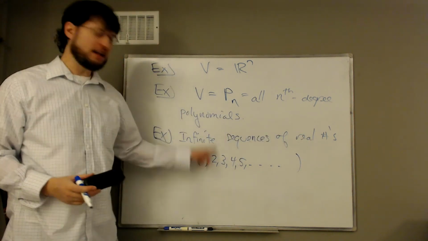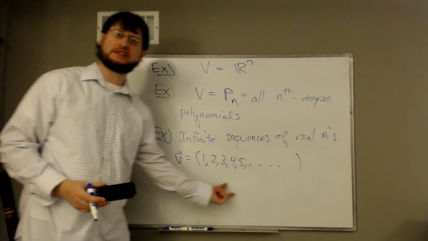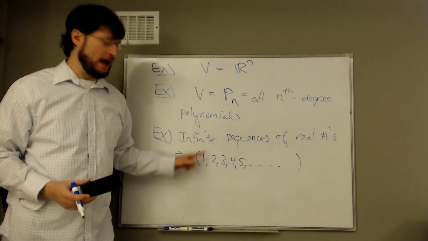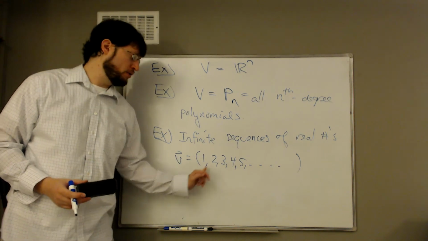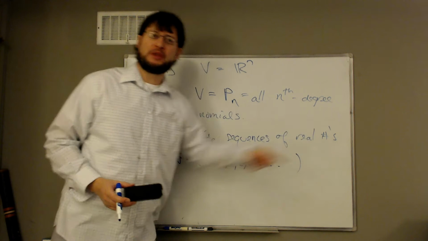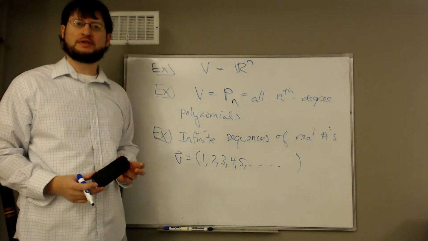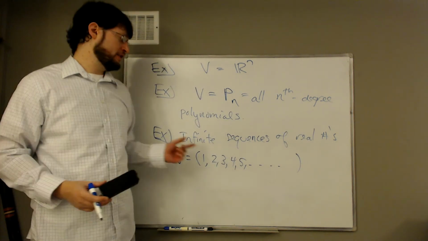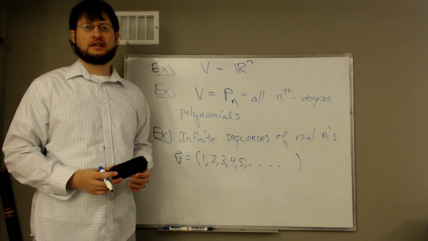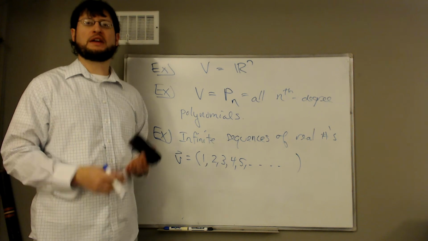But I could add up two of those things. If I had two different infinite sequences of real numbers, there's a pretty obvious addition. Just add up piece by piece, component by component. And I can also scale the whole thing, and I get an infinite sequence of real numbers. So we have a set, we have an addition, and we have a scaling. And those things together make for a vector space.